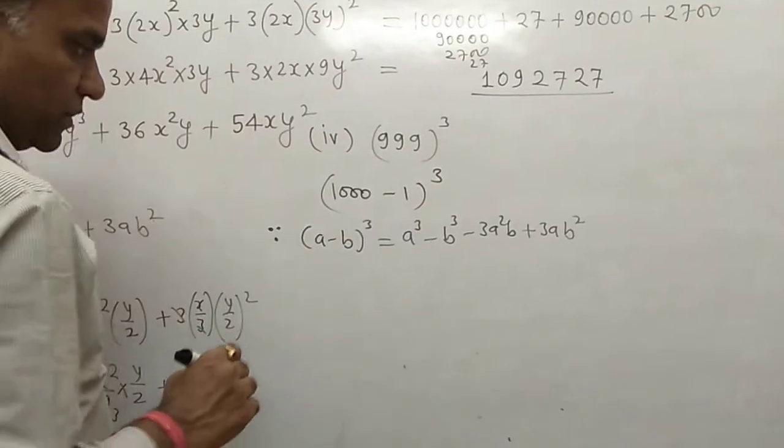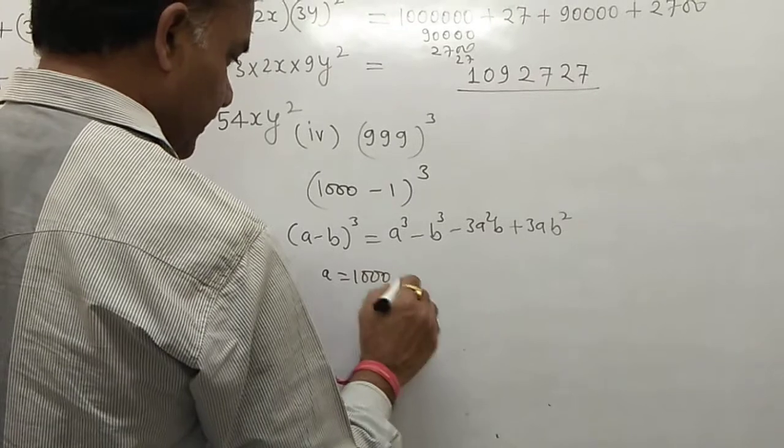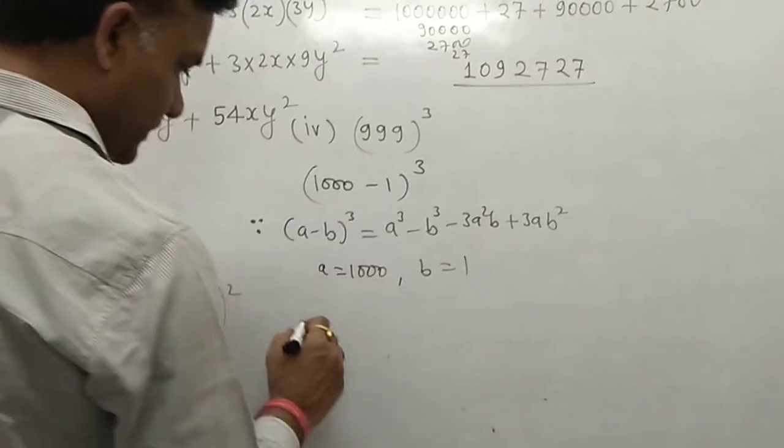The value of a is 1000, the value of b is 1.